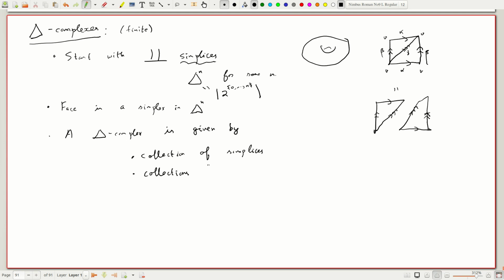So collections F_alpha, for alpha in A, with F_alpha being the collections of faces of the simplices. Now given faces of two simplices, we have further that the vertices are ordered.